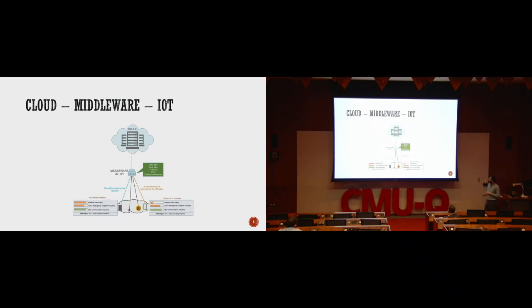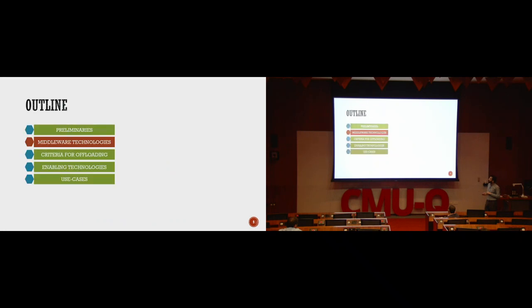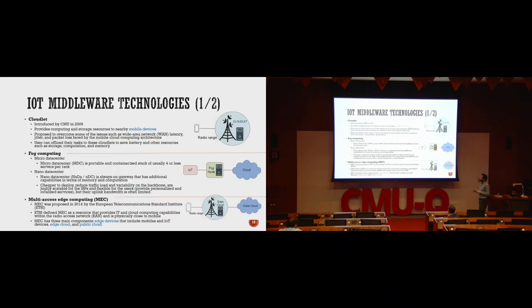And we'll go over some of the middleware technologies up next. So the first one is cloudlet. As the name suggests, a cloudlet is a small-scale cloud, the same resources that a cloud has, but at a smaller scale. And the other thing is that this cloudlet is localized, so it's available for the mobile devices.